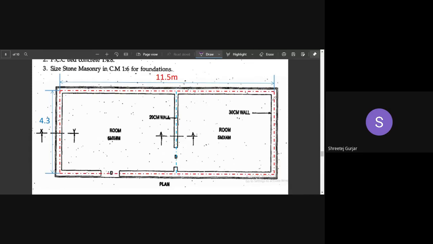So 0.15 plus 6 plus 0.2 plus 5 plus 0.15 comes up to 11.5 meters. So the length of my long wall is 11.5 meters.